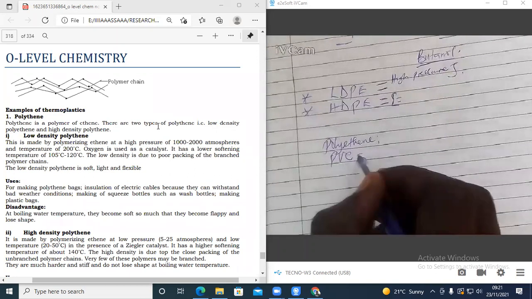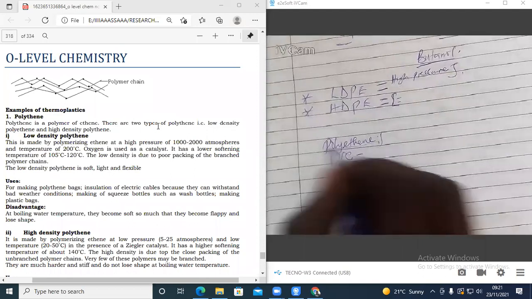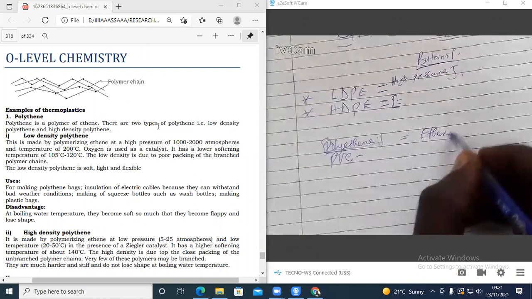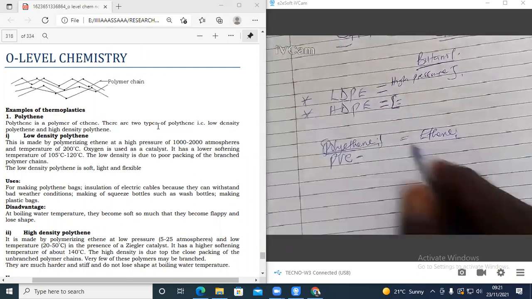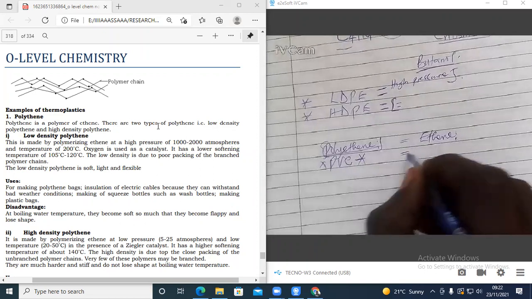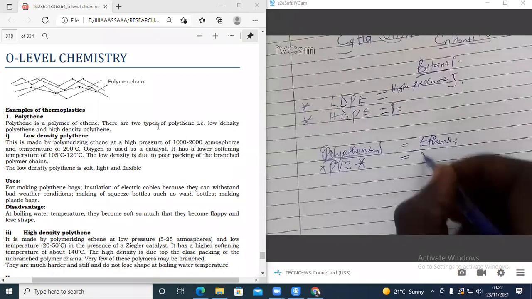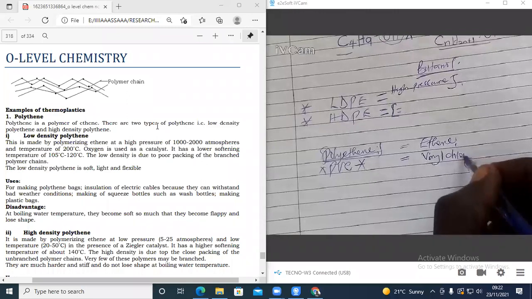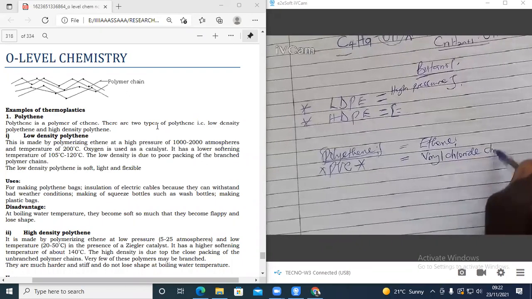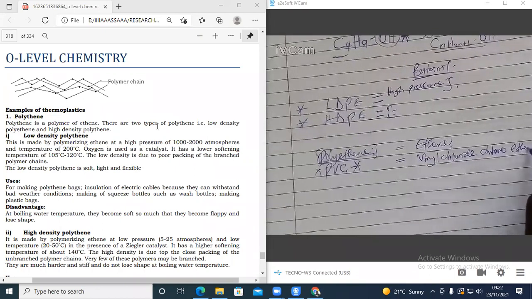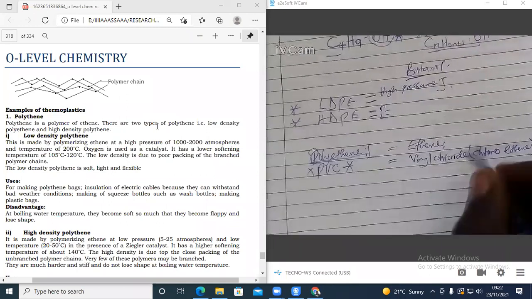Polythene is polythene. The monomer is ethene gas. Then we have PVC, called polyvinyl chloride. The monomer is vinyl chloride. Chloroethene is another name for vinyl chloride.